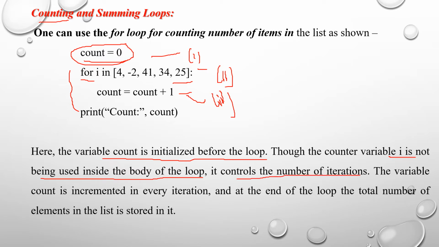The variable count is incremented in every iteration, and at the end of the loop, the total number of elements in the list is stored in it. For example, here we have 5 numbers. So if you execute this code, at the end the interpreter will give 5.